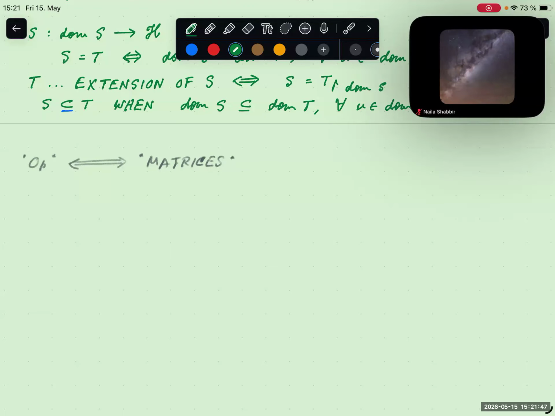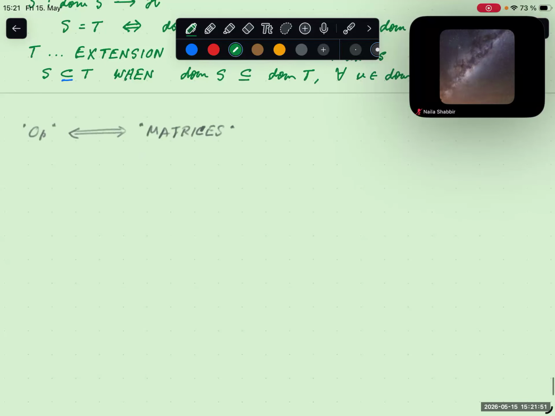But you can still say, okay, I have some sort of matrix. So let's write this operator T, which is a bounded operator. We have nice notation now.